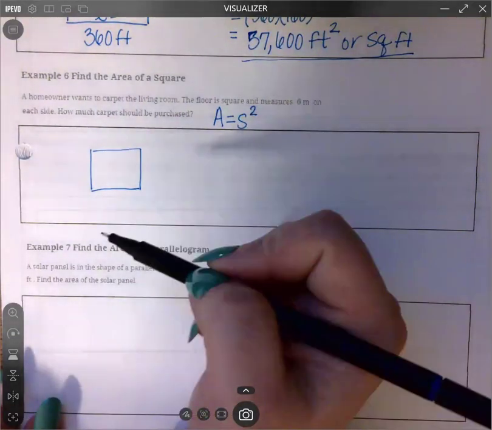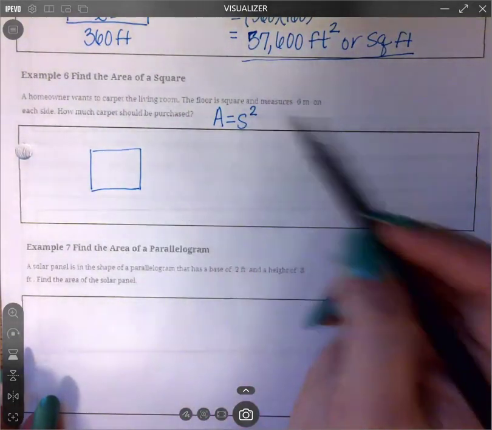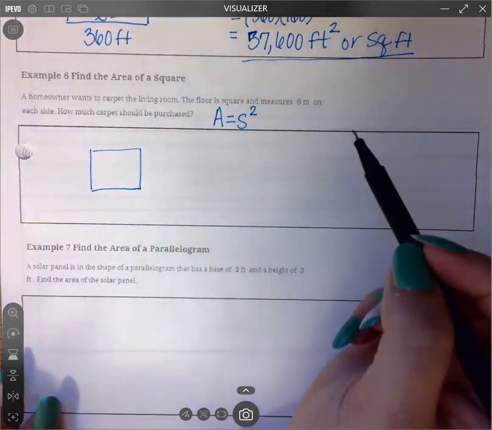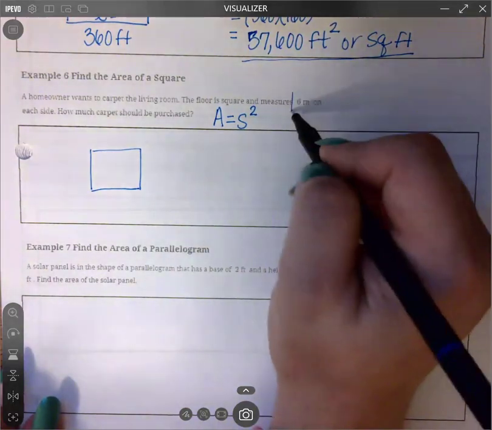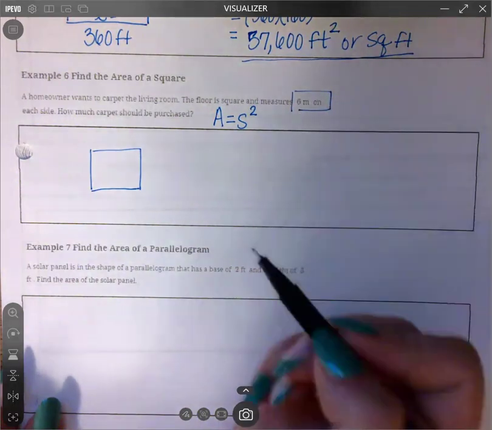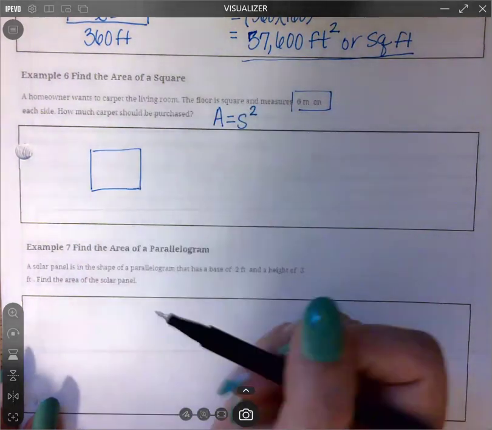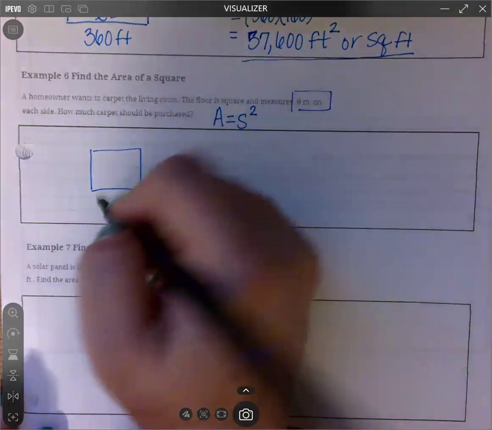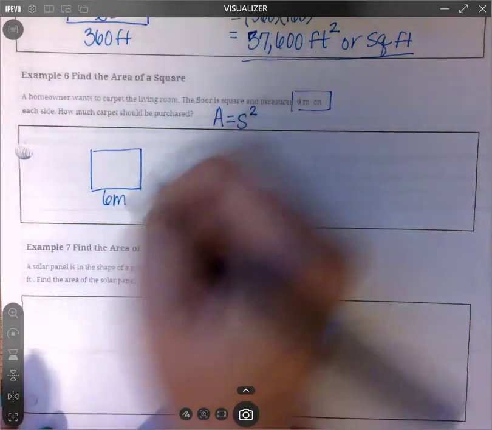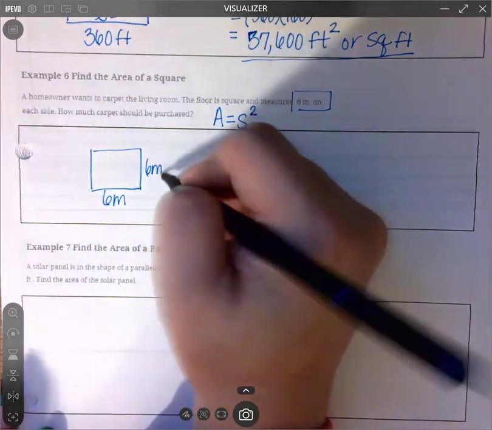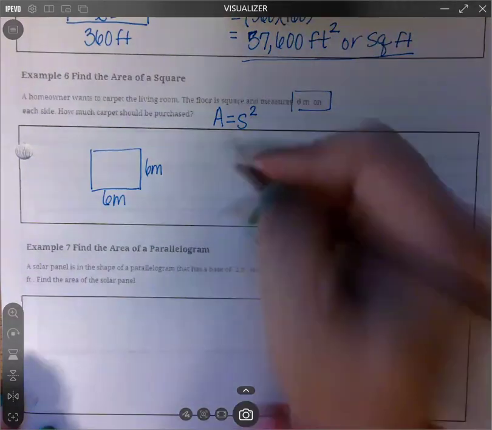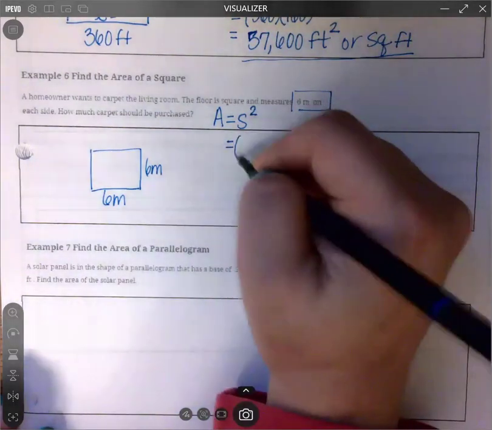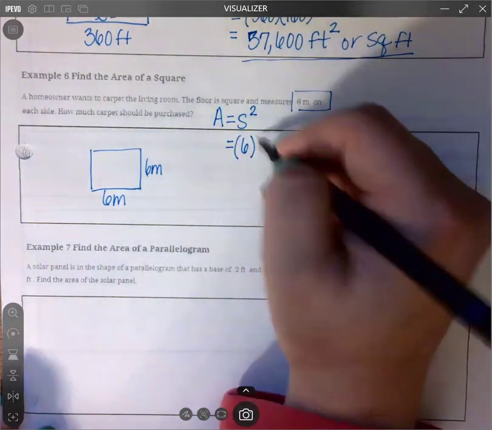In this scenario, a homeowner wants to carpet the living room. The floor is a square and it measures 6 meters on each side. And we need to know how much carpet to purchase. So 6 meters on each side of our square. And then we are just going to square the number 6.